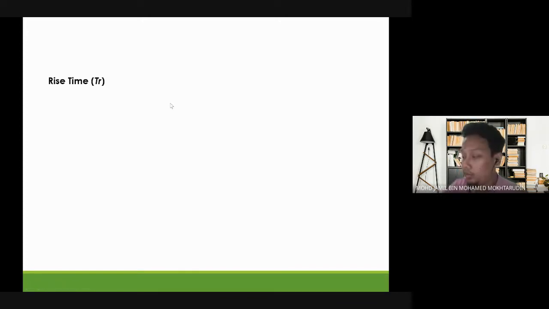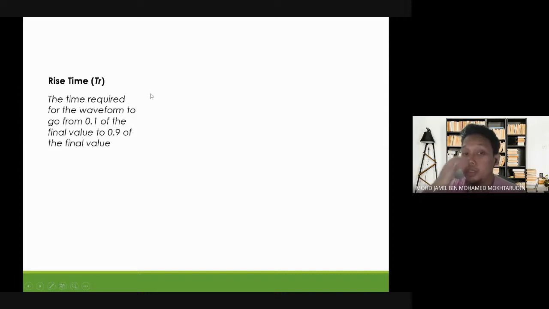Firstly is the rise time. Rise time is the time required for the waveform to go from 0.1 of the final value to 0.9 of the final value. I think this is similar to the first order system rise time. But there is no precise relationship to be used in second order system.